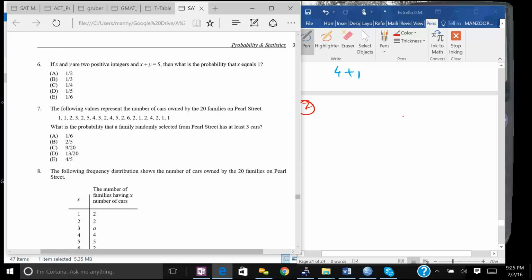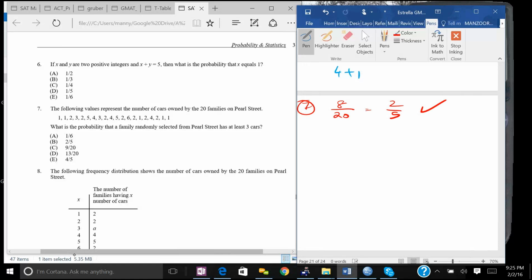Right? 8 out of 20 are 3 or more. That's 2 out of 5. That's it. Yeah, got it.